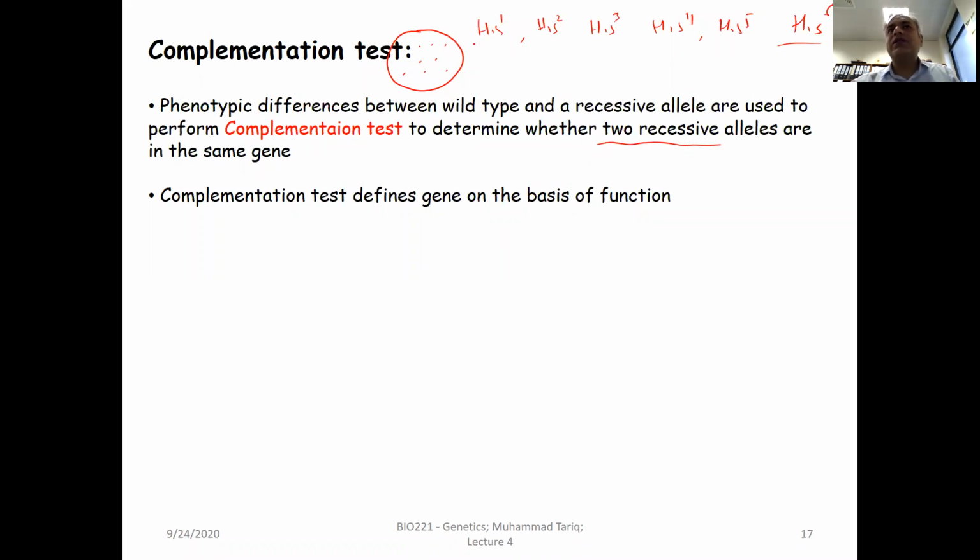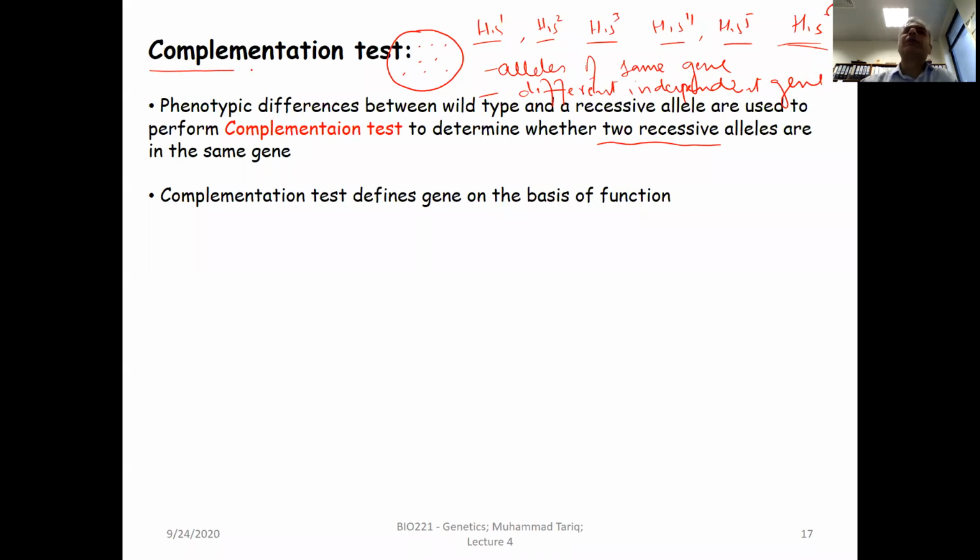Remember, we are going to resolve whether these individual mutants are alleles of the same gene or mutations in two independent genes. In order to find this, we perform a complementation test of our mutants.